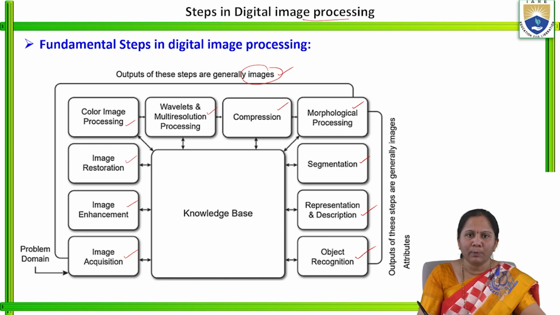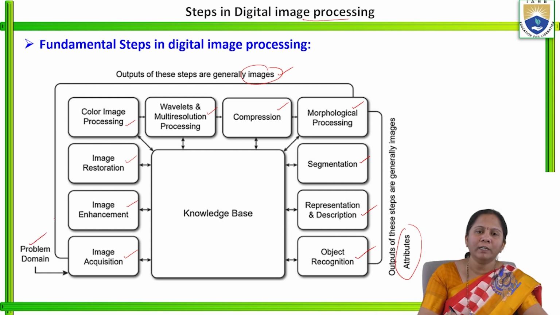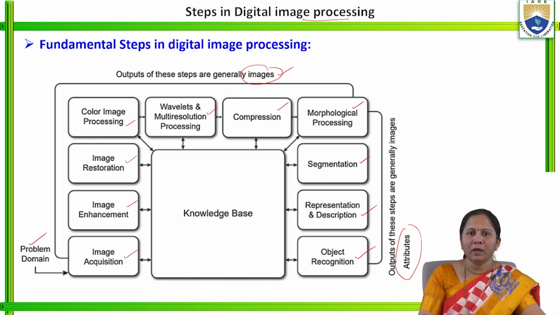Coming to these blocks, the outputs of these blocks will generally be attributes. So some of the blocks will give the outputs as images, and some of the blocks will produce the outputs as attributes. Here the problem domain represents the input that we are giving, that means the application we are going to work on. So all these blocks are available in digital image processing.